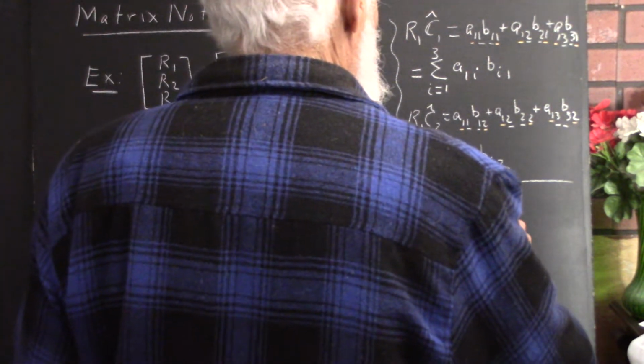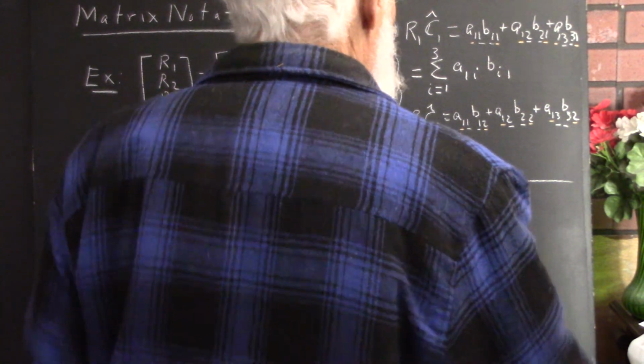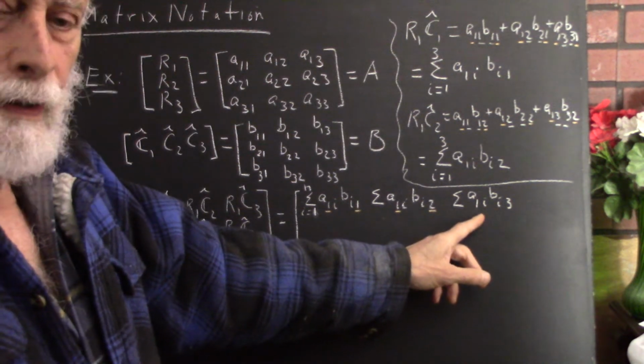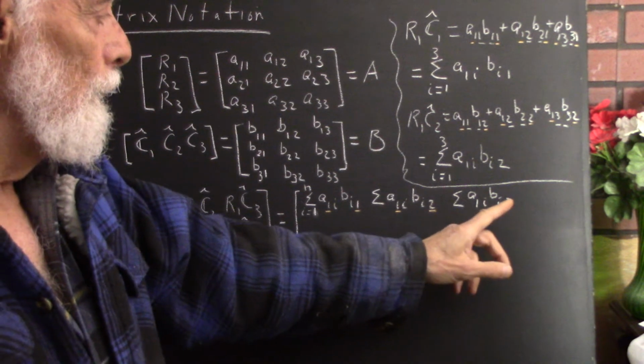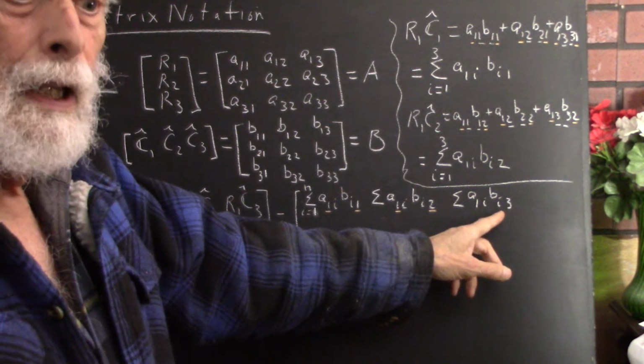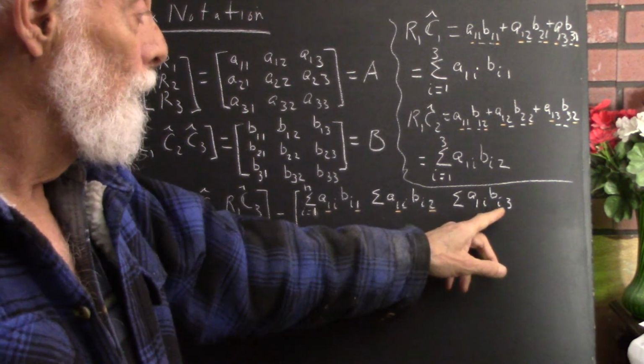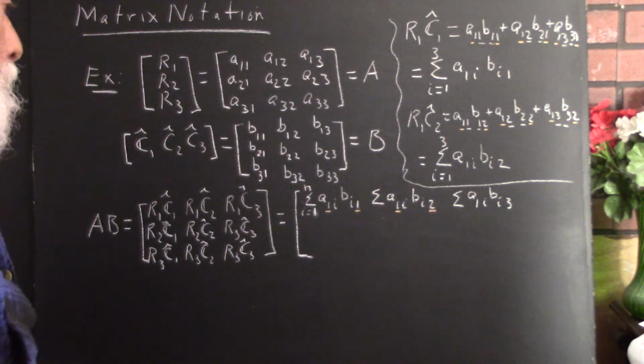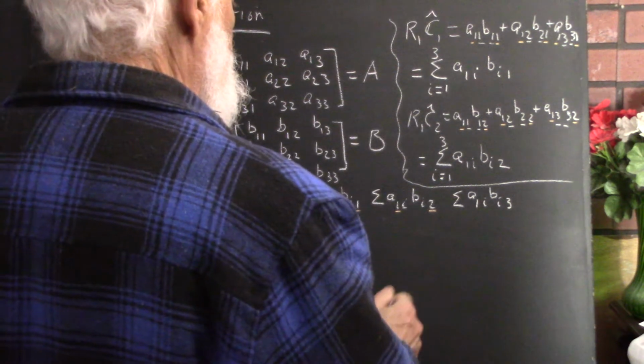And then our I is going to go here and here, meaning again, the first of the numbers in the A row, first of the numbers in the B column, second number and third number, matching the two up. And again, all these sums go from I equals 1 to 3.